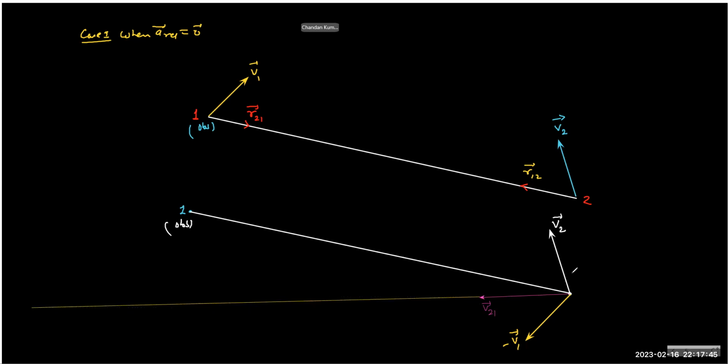One is a fixed point of space and two is traveling this way for that guy. And you may be asked, can you find the minimum distance between the two particles? How close they can come? So what will be the minimum separation, and how can we get it? The minimum separation of a point and a line is the perpendicular distance. That's simple. So draw a perpendicular, you're done.